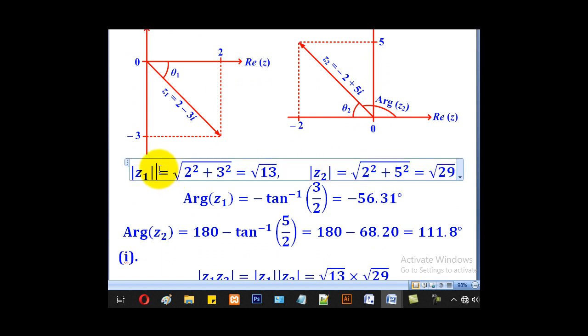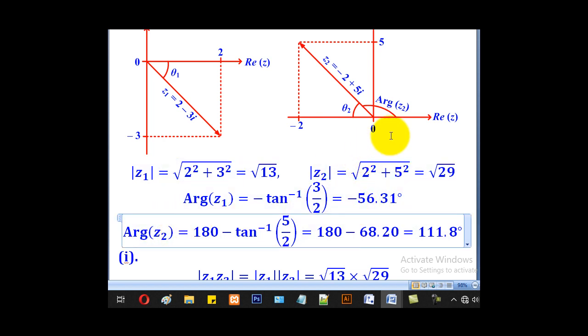Then we get their independent moduli. For z1 it is the square root of 2 squared plus 3 squared, to get root 13. For z2 it is the square root of 2 squared plus 5 squared, to get root 29. The argument of z1 will be a negative value because it is going in the clockwise direction: negative arctan 3 over 2, which gives negative 56.31.